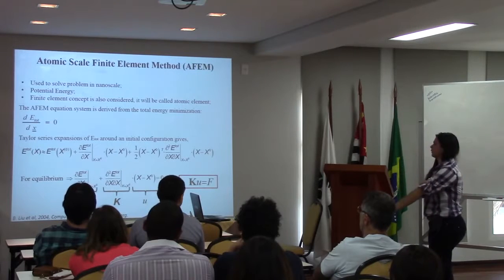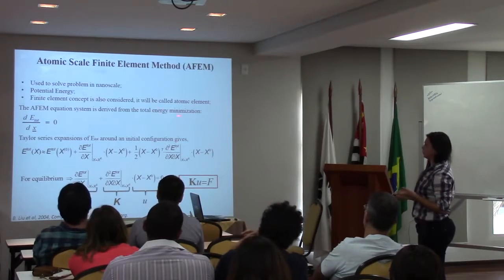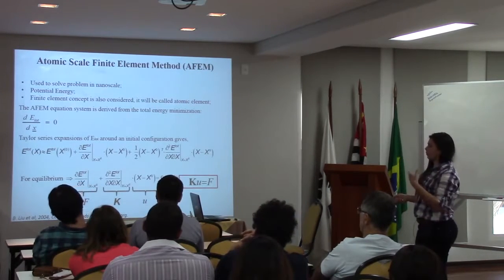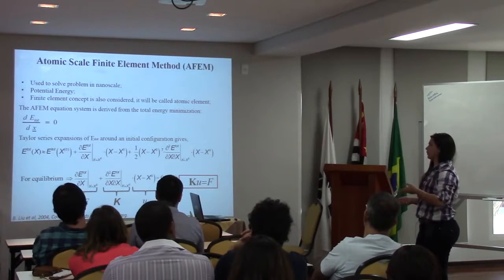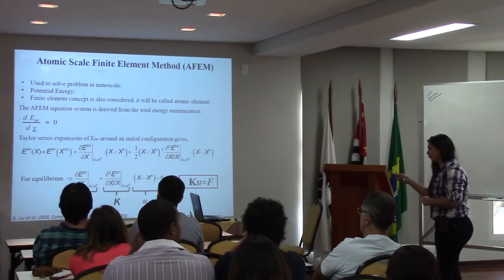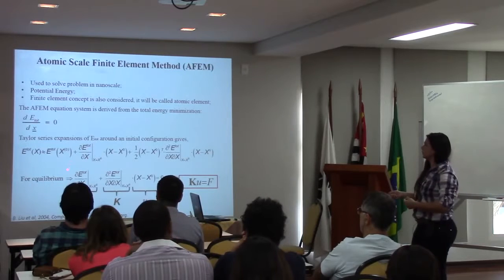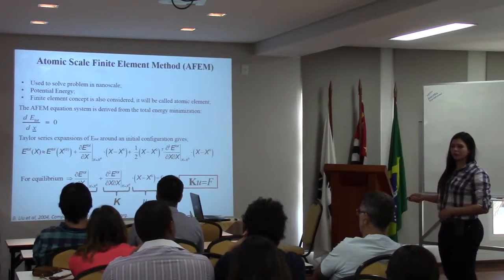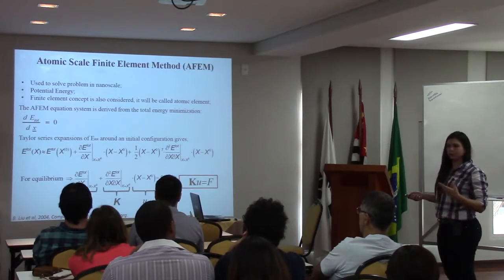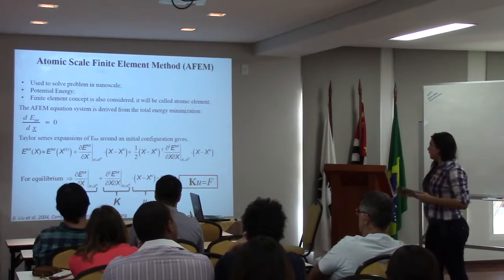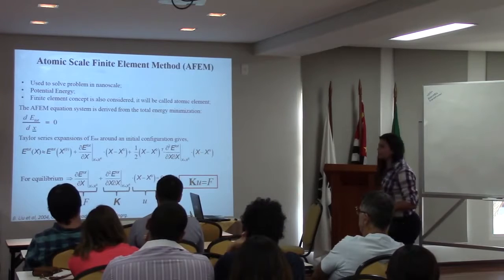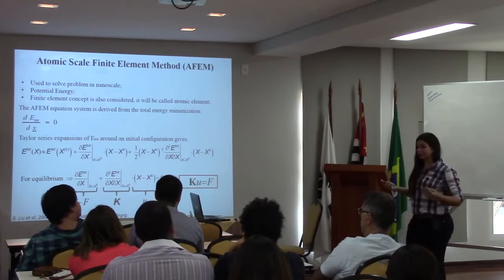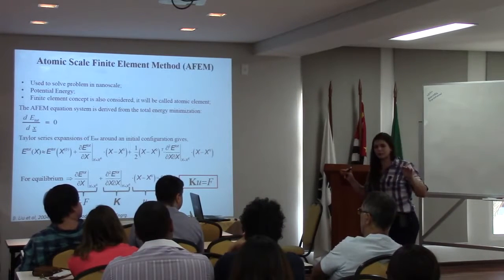AFEM system is derived from the total energy minimization. Applying a Taylor series expansion of the total energy around the initial configuration, and for equilibrium, we get the same governing equation of the finite element method. But here, we need to decide what our potential energy is. This is our first step.